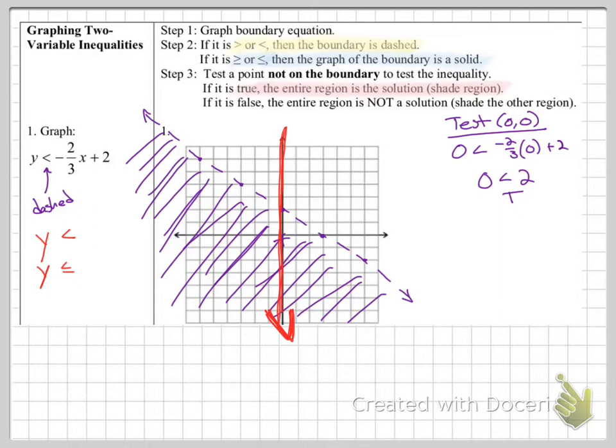If it says y is less than your equation, you're going to shade down because the y's getting smaller are the ones going down. If it says y greater than or y greater or equal to, the bigger y's are up here. So you're going to shade up from your graph. We'll do that some more in other examples. But if you don't like shortcuts, test a point. That will always work.